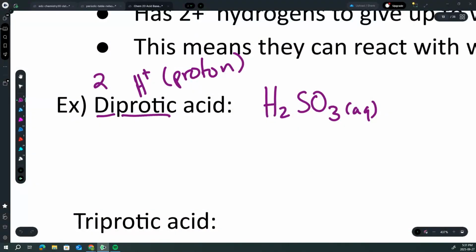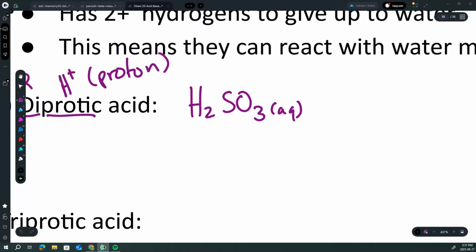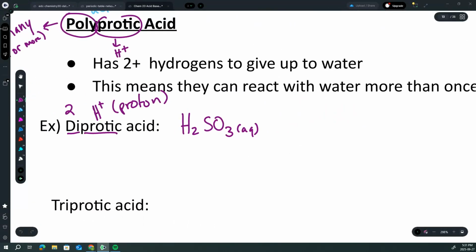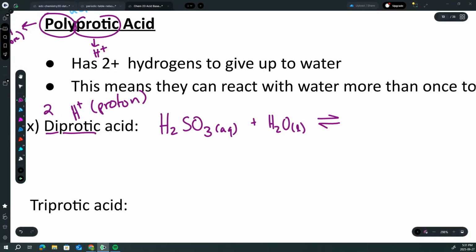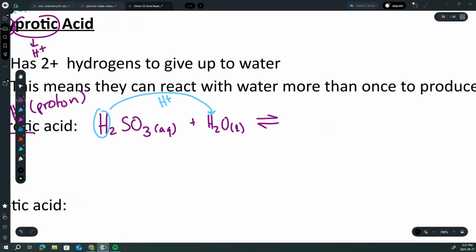So we need to use double-headed arrows. Plus water, double-headed arrows because we're dealing with a weak acid. And again, we're only going to move one proton at a time. We're going to produce our hydronium ion, because that's water with one extra proton.